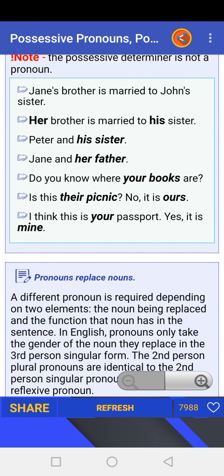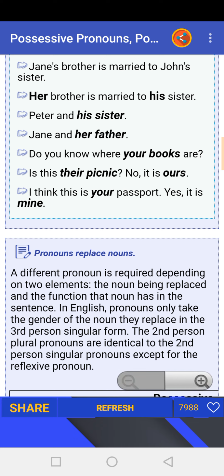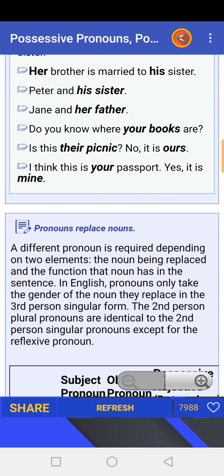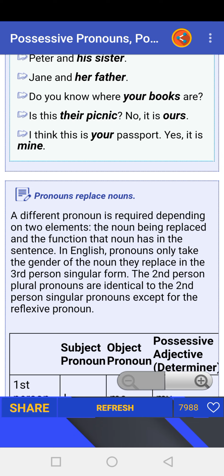So we have here sister, and the possessive determiner is placed before the noun, his sister. Jane and her father. Do you know where your books are? Is this their picnic? No, it is ours. I think this is your passport. Yes, it is mine.